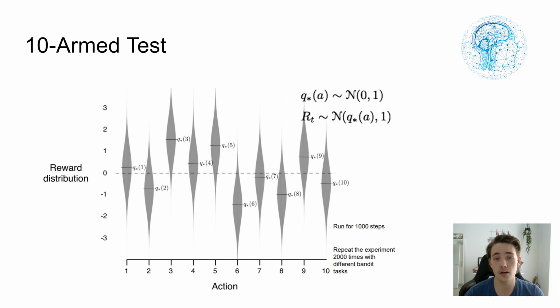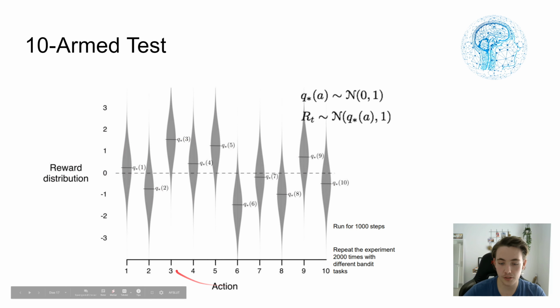So if we take an example here, we have 10 slot machines, a 10-armed bandit, and we're going to make a test here, and we can see that each slot machine has different reward or payout functions or distributions.